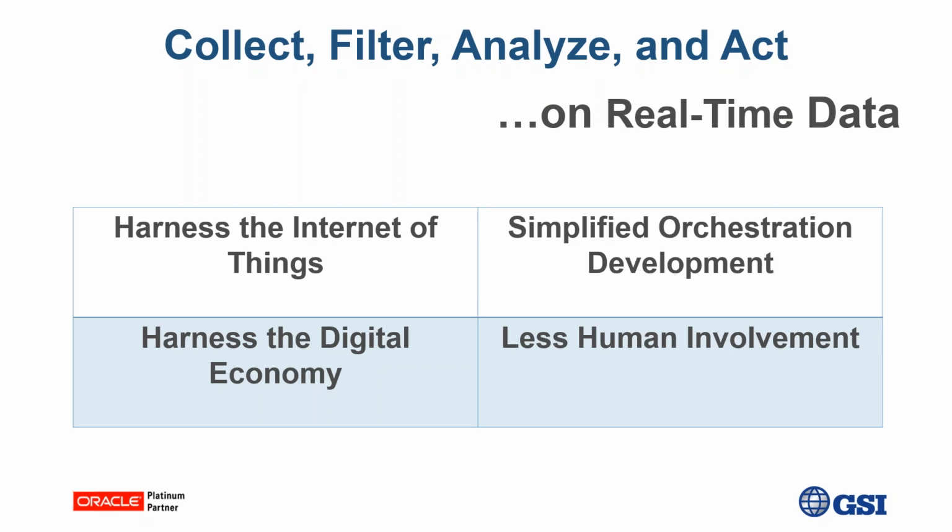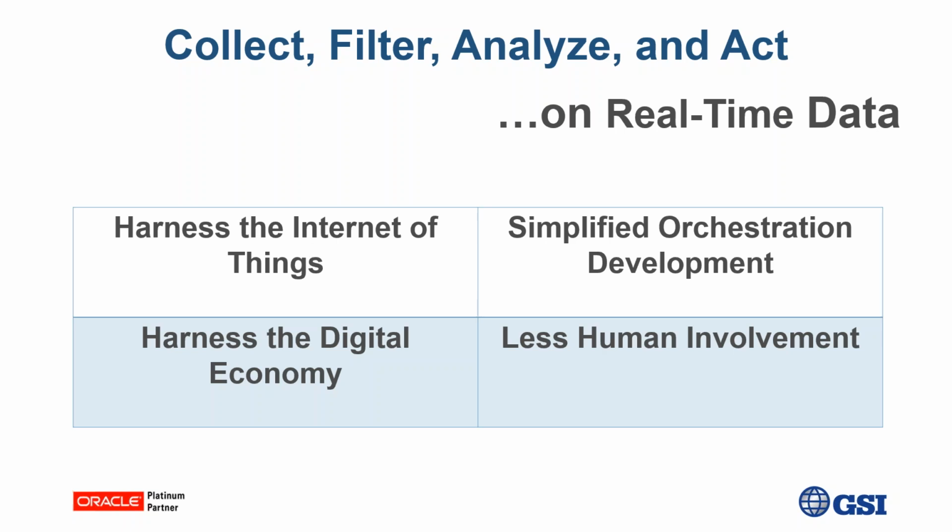And eventually they would like to have less human involvement, because when you're orchestrating your key business processes, you want to be able to automate routine, mundane, repetitive tasks, so that you can focus and concentrate on complex processes that would require more attention than you keying in, than you routinely doing stuff, day in, day out, periodically.